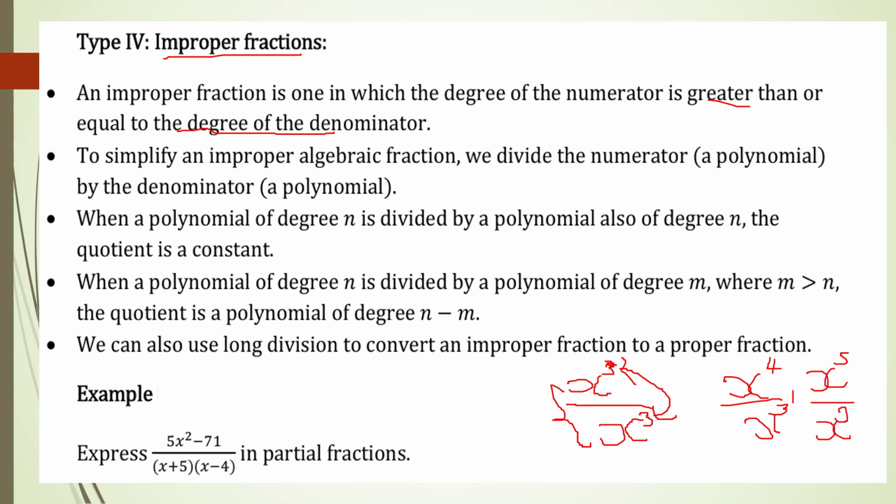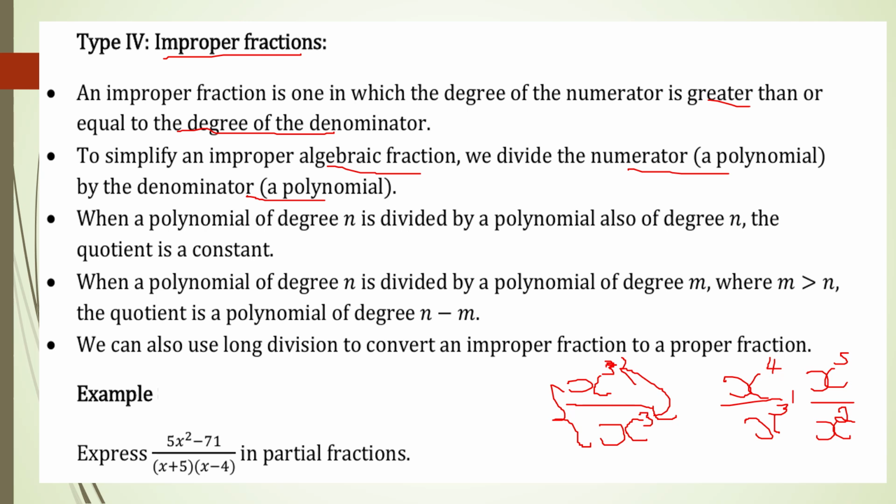So you're going to solve it according to the improper fraction method of partializing. So instruction 2, we are going to simplify an improper algebraic fraction simply by dividing the polynomial with its denominator.